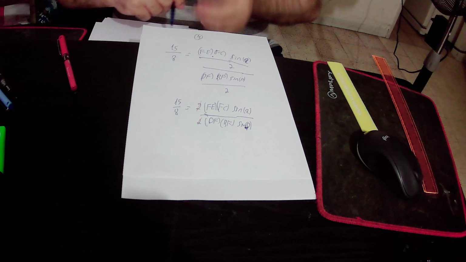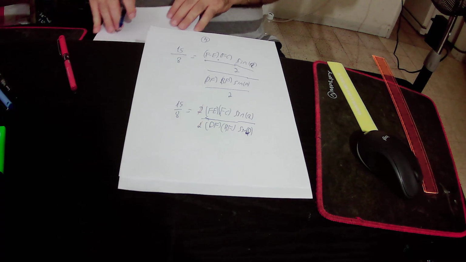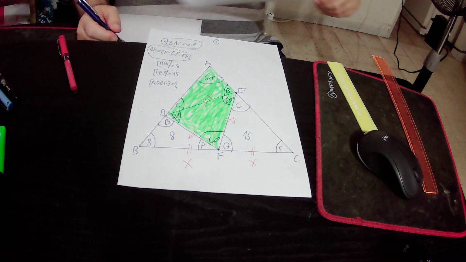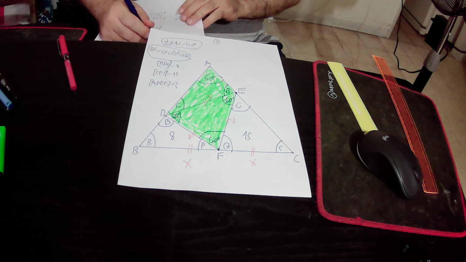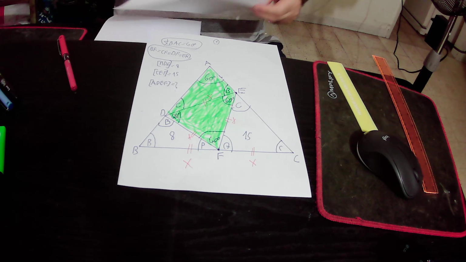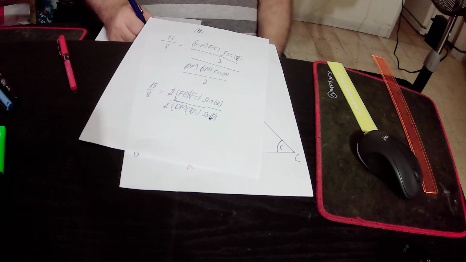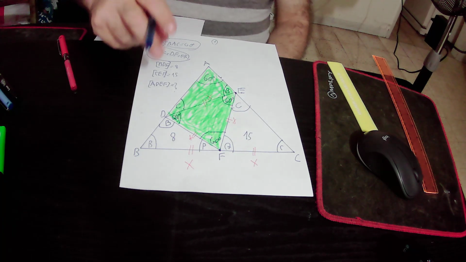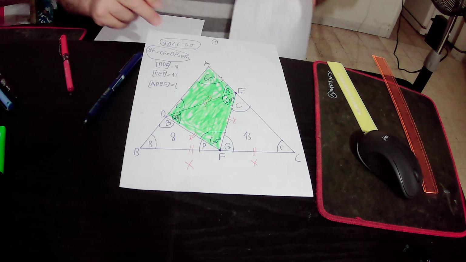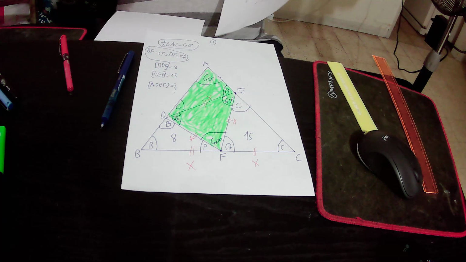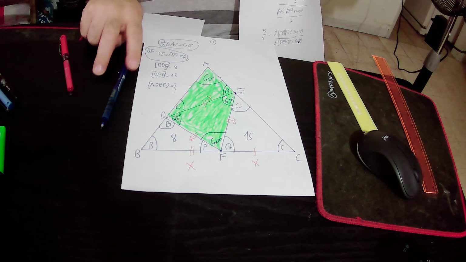So we got that 15 over 8 equals FE equals X, and FC also equals X, so FE times FC is X times X, that is X squared.